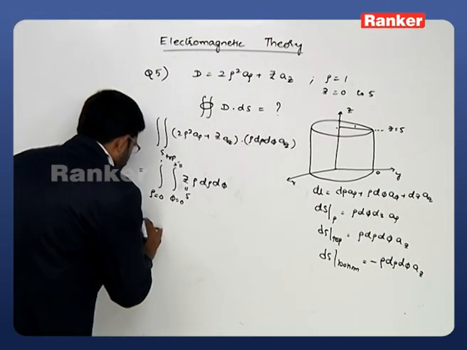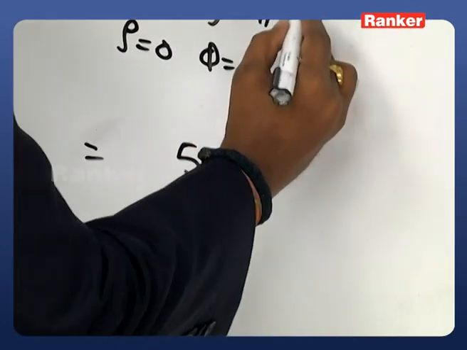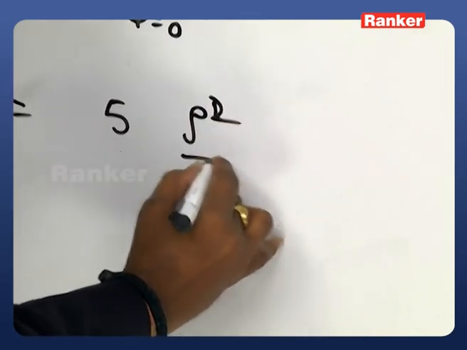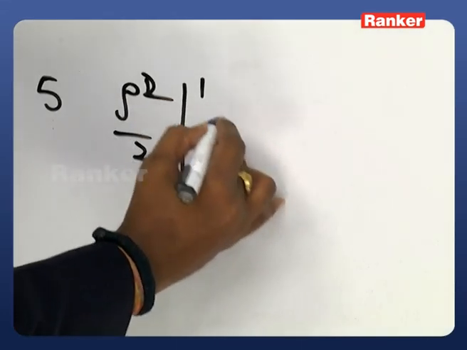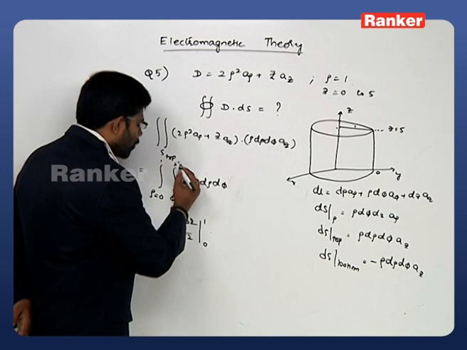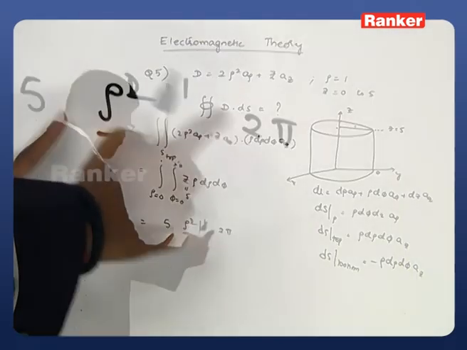Instead of z, I am writing directly 5, and rho d rho. Rho d rho is nothing but rho square by 2, taken from 0 to 1, multiplied with respect to phi. Integrating phi from 0 to 2 pi, what we get is 2 pi. So the direct integration will give us the answer.